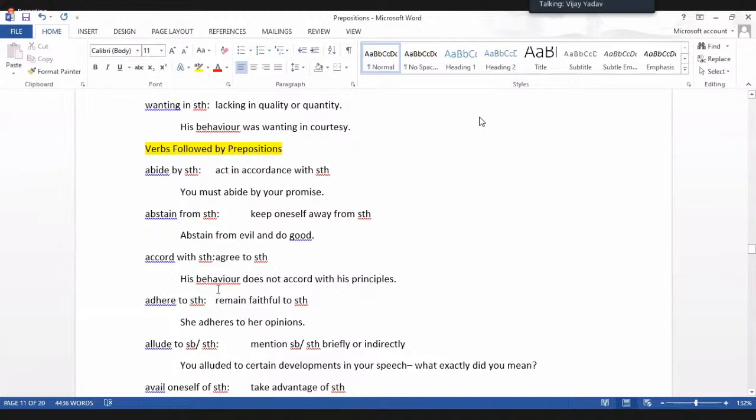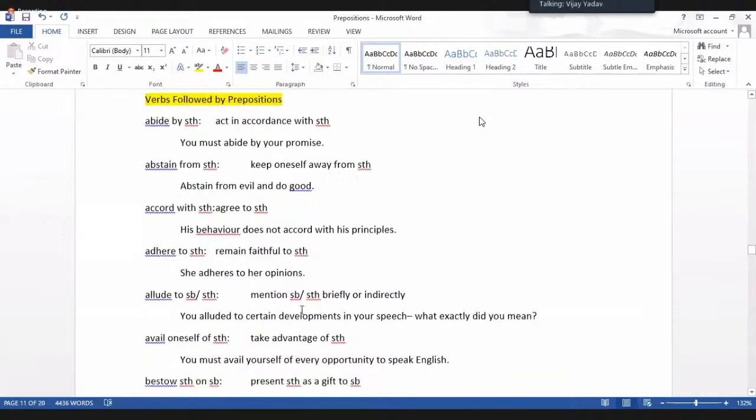It means we don't find his behavior according to his principles. Adhere to something means remain faithful to something. She adheres to her opinions. It means she is faithful to her opinions, she is very loyal to her opinions. Is it clear?